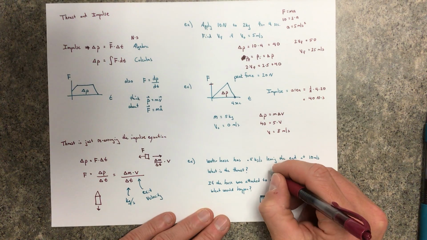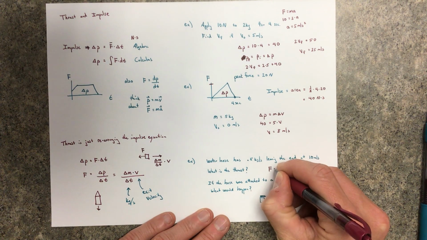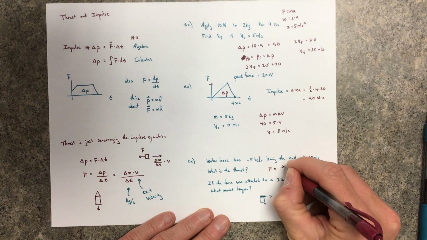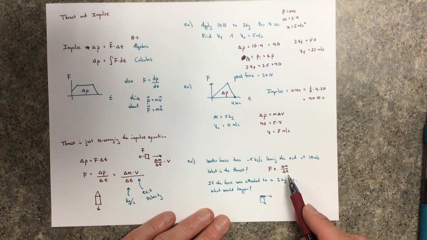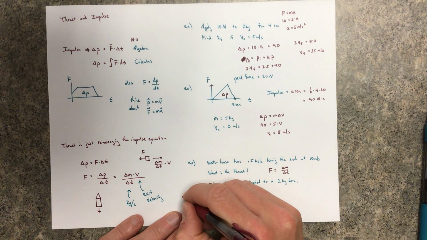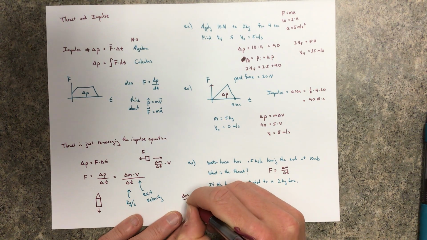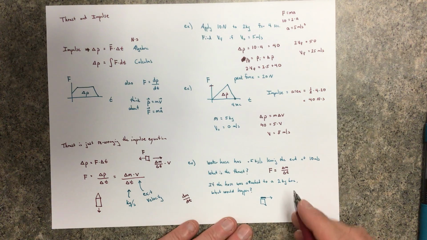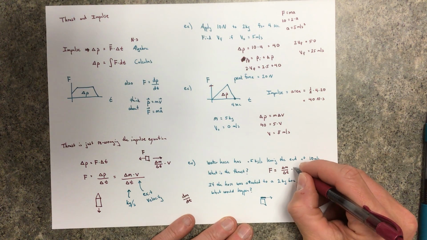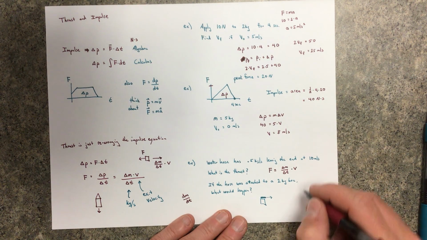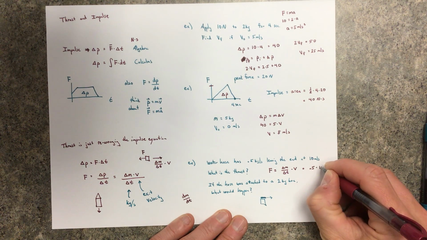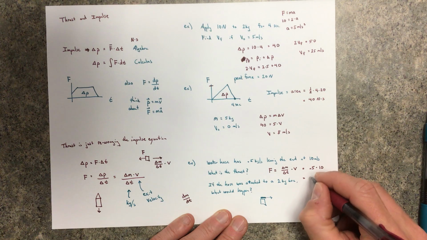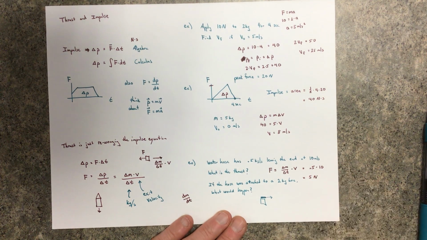And again, we know that the thrust force is going to equal delta m over delta t, and if you wanted to do the calculus version of it, it would be dm/dt. It's the rate of change of the mass per second, and then times that exit velocity. So it's really just going to be that 1/2 kilogram per second times that 10 meters per second, which is going to give you a 5 Newton force.